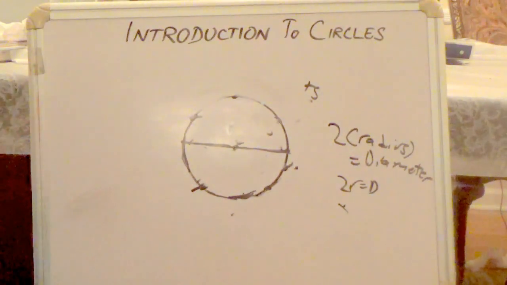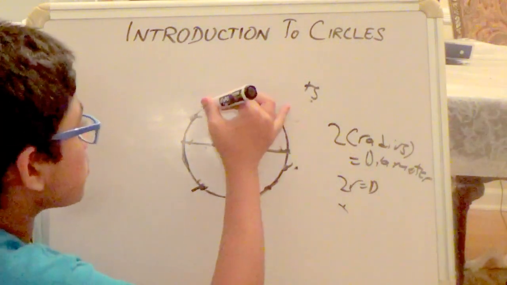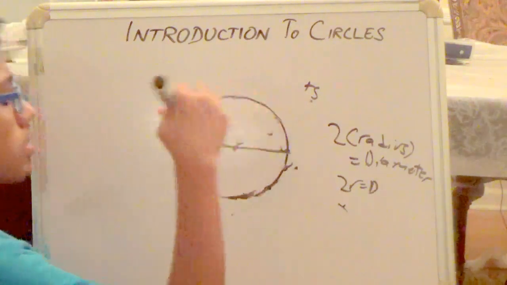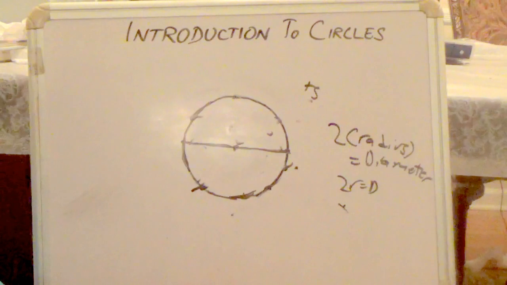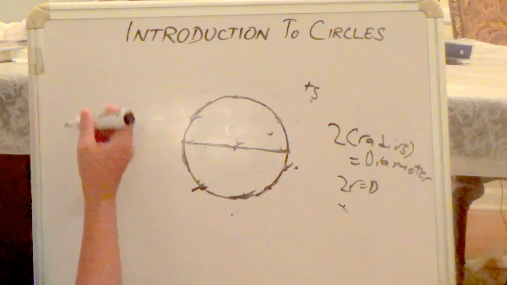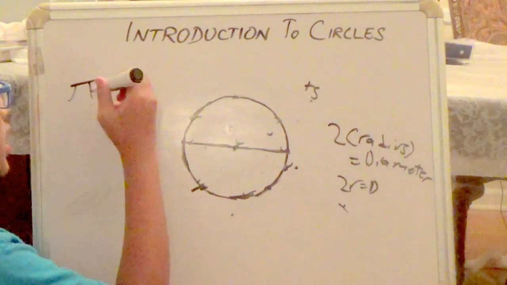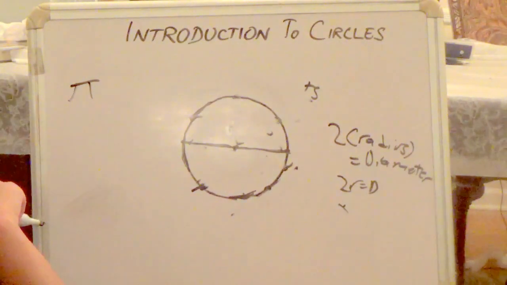Okay, so now I would like to introduce to you a very special number. It's actually one of the most important numbers in math, and it's called pi. That doesn't look like a number. It's not 1, 2, or 3.